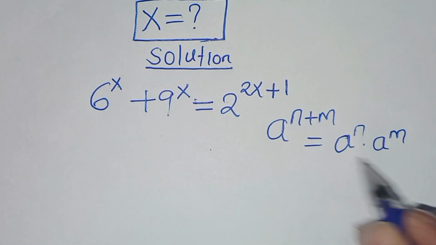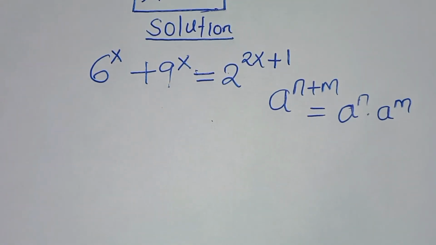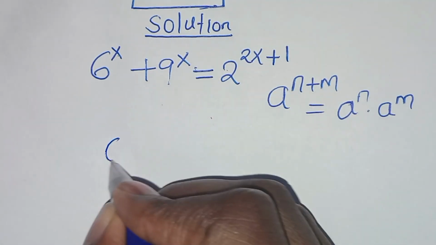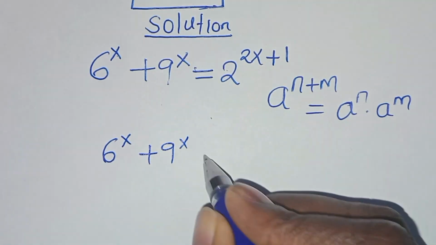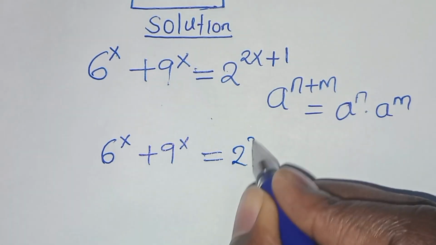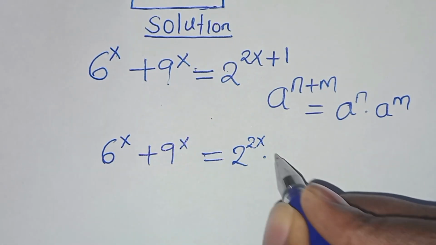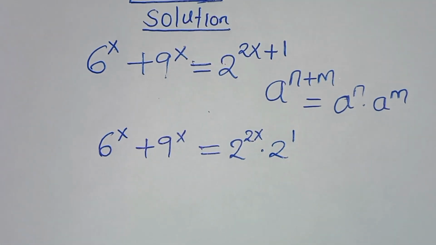So let's apply this exponent property, so that now here we have 6 to the power x plus 9 to the power x. This is equal to 2 to the power 2x times 2 to the power 1.